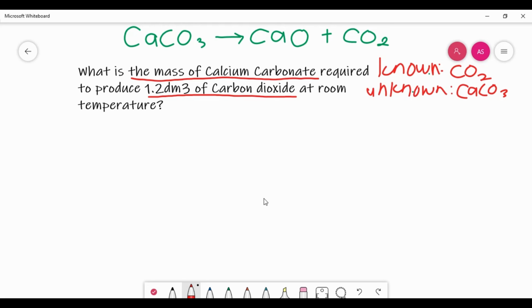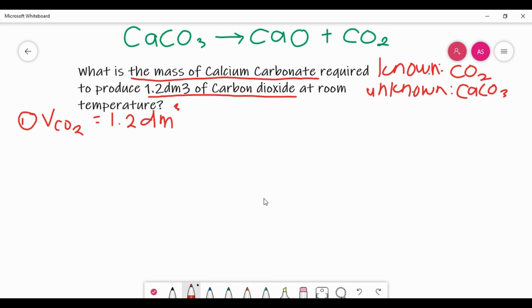So, first step, identify dulu the related information about the known, that is CO2. Question bagi kita 1.2 dm³ of carbon dioxide. So we know that we have volume for CO2, that is 1.2 dm³.